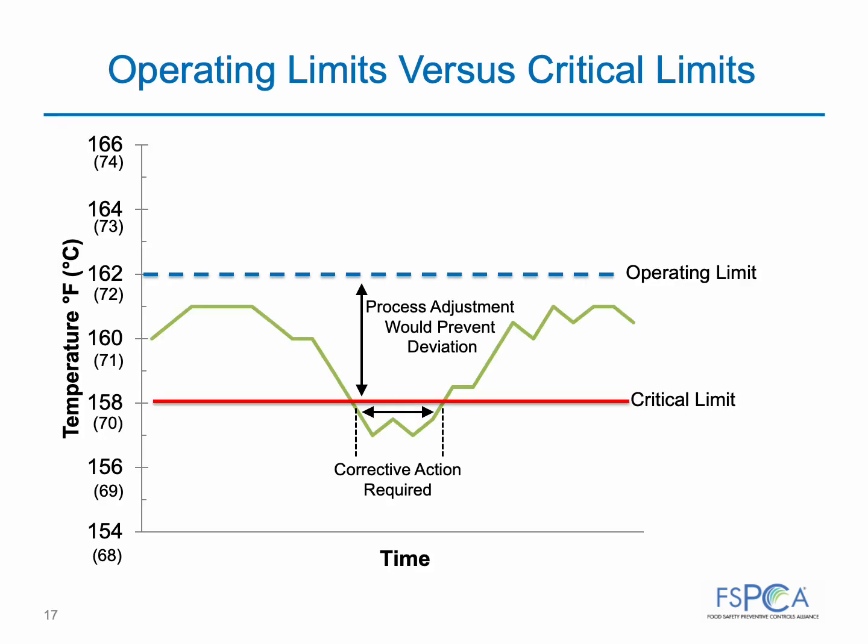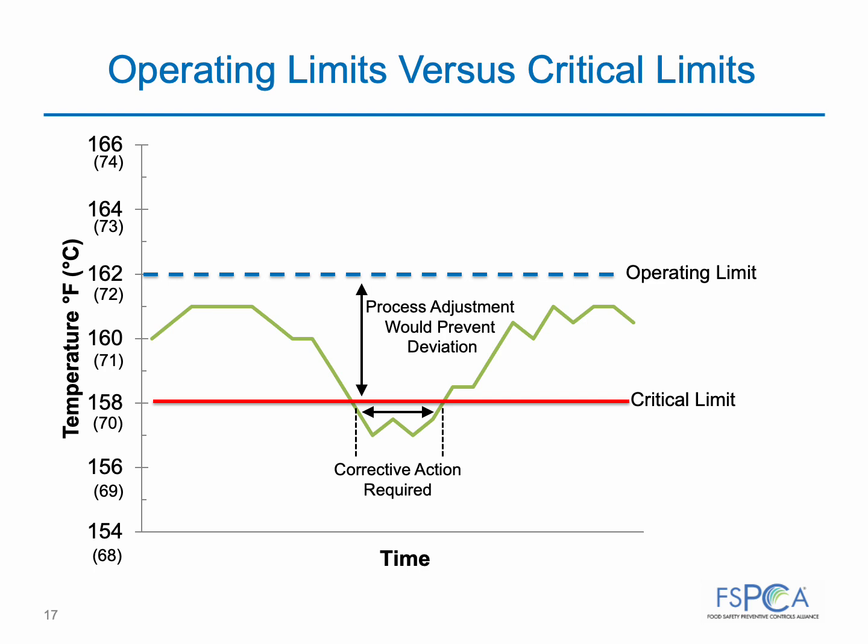The example on the slide demonstrates two important points. 1. Operating limit deviations and how they relate to process adjustments. And 2. Critical limit deviations and how they relate to corrective actions.